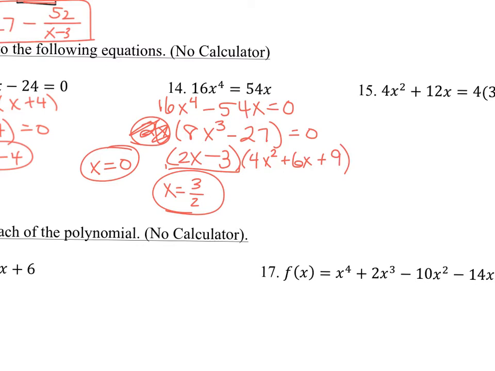So now I have to look over here and try to factor this. 2x and 2x, 9 is 3 and 3. So 6 and 6, that's not going to get me 6. What if I did 9 and 1? I have 18 and 2, that's not going to get me 6. What if I did 1 and 9?